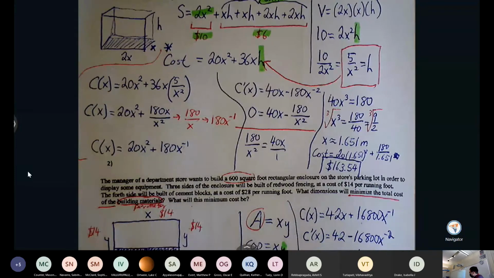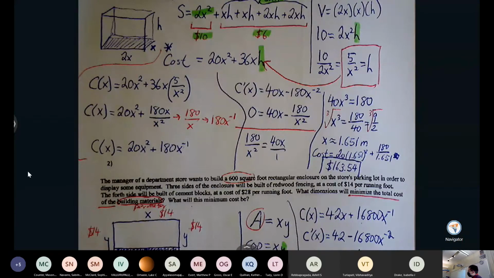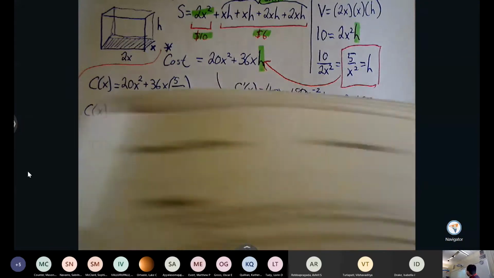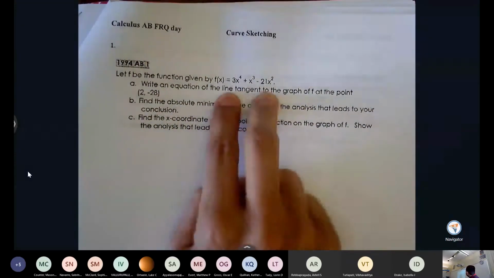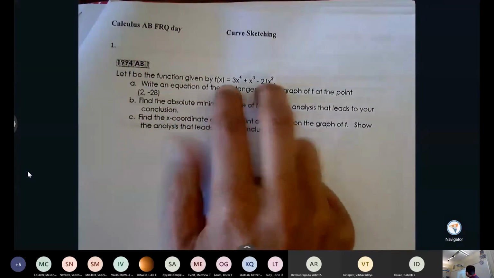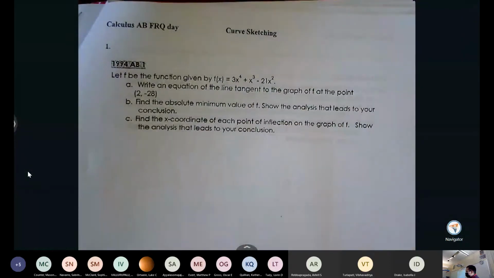Okay, let's go over to the other handout. So you'll see one optimization problem, and then you'll see a curve sketching problem where I'm going to give you a polynomial, and I'm going to ask you a bunch of information, just like on the quiz, right? Relative max, relative min, using the first derivative test, finding POI.